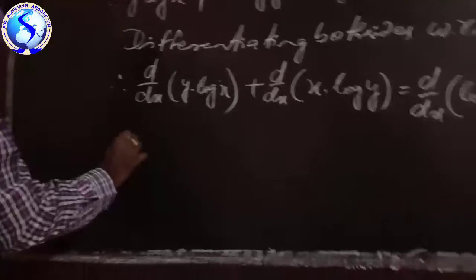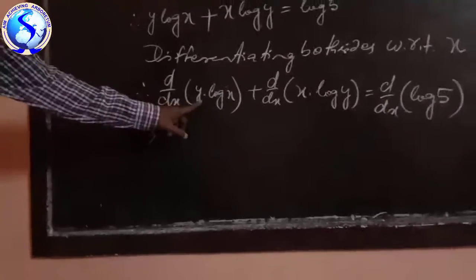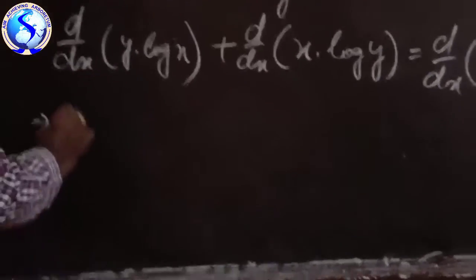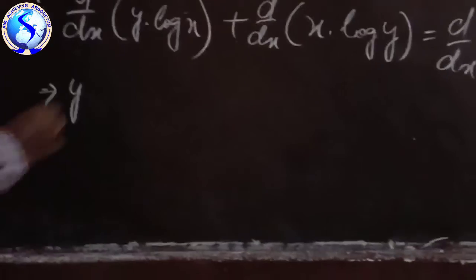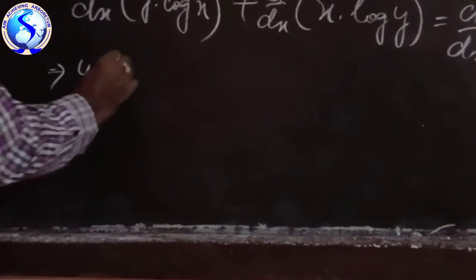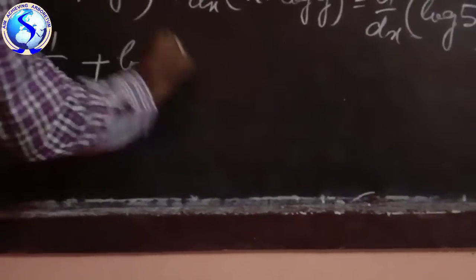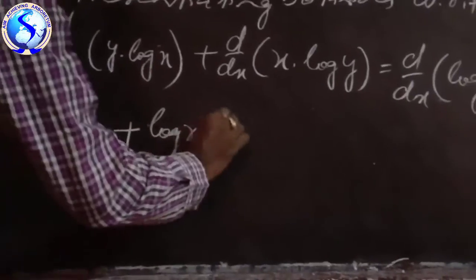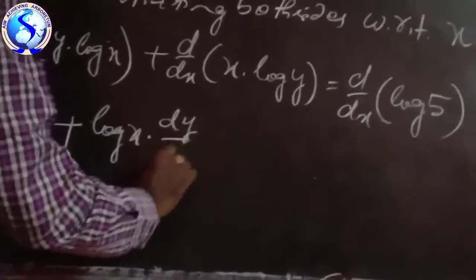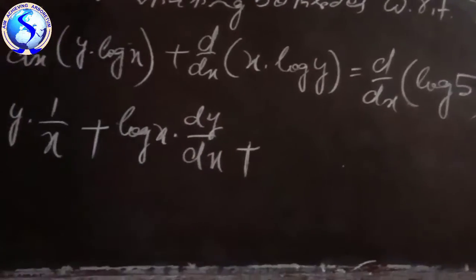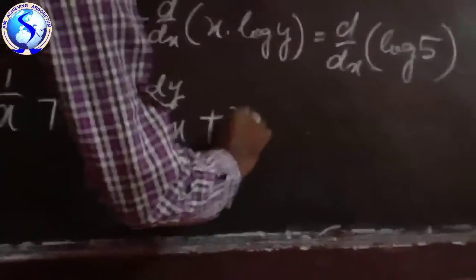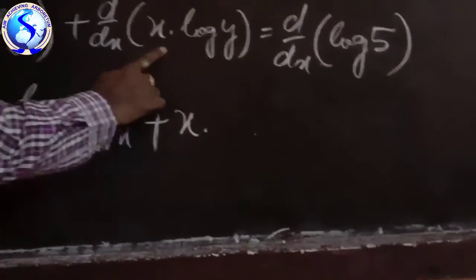Now you see, as for the product rule, y into derivative of log x. What is that? 1 by x, plus log x into derivative of y, that is dy by dx. Here also the same thing: x, the first function, into derivative of the second.